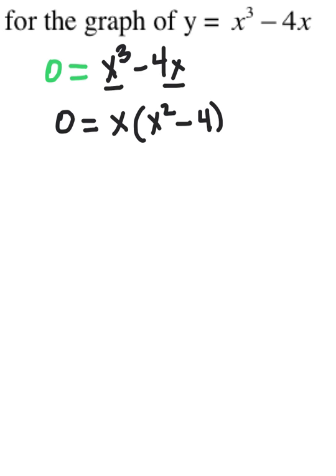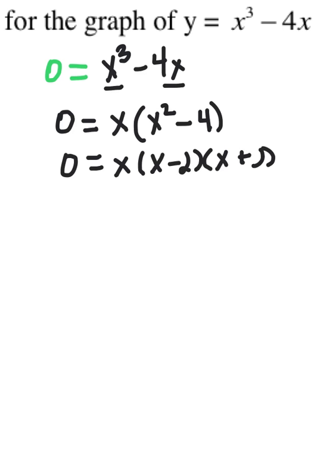And this one will look like this: 0 = x, now we have our x on the outside, that stays there. But this difference of two squares is going to make two binomials. We're going to have our x times (x - 2) times (x + 2). And that's how that one factors.